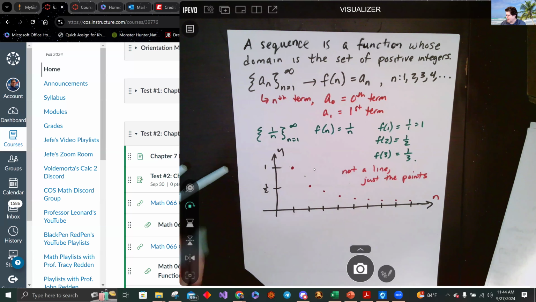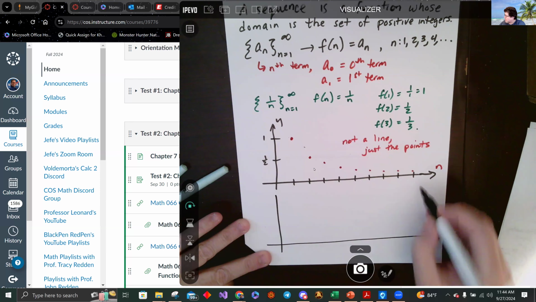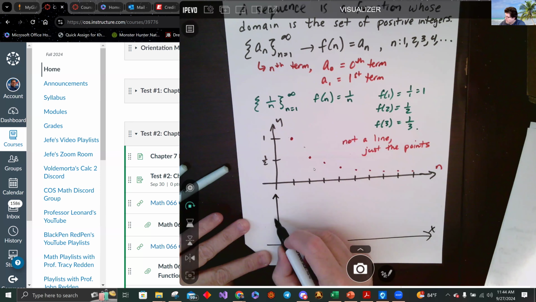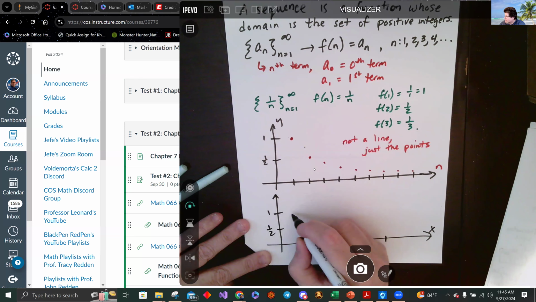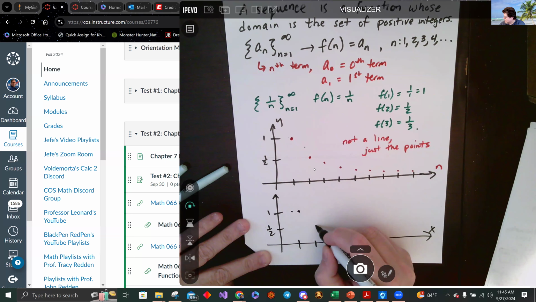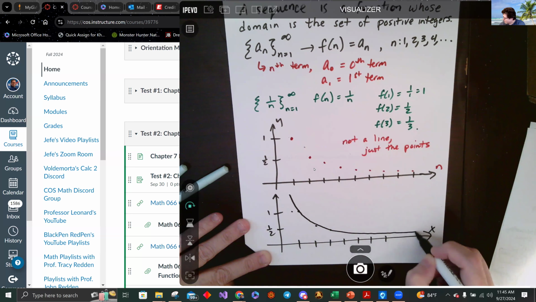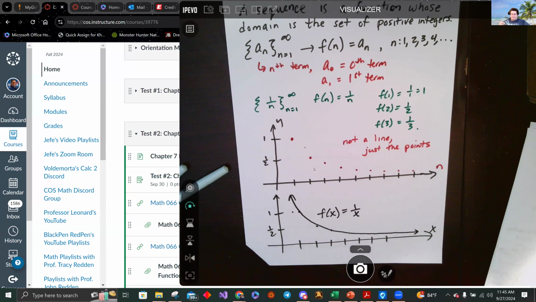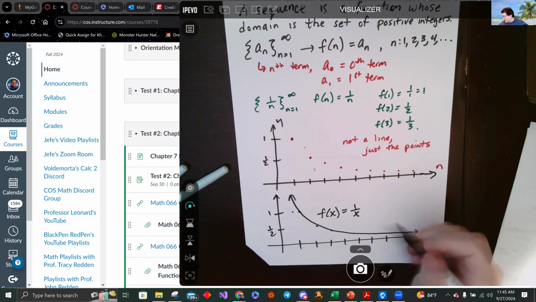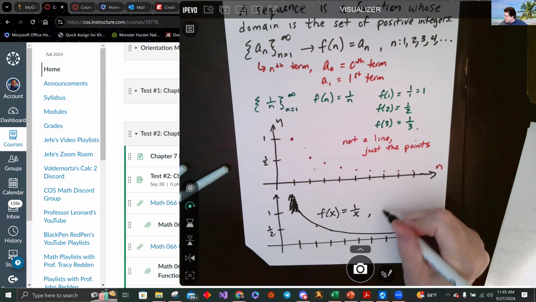If we compare that to f of x equals 1 over x, we're getting something like the whole line here. So that's f of x equals 1 over x. And we get the whole line. Obviously, maybe I shouldn't extend it past. I don't want to go too far. Let's just say x is greater than or equal to 1 here.